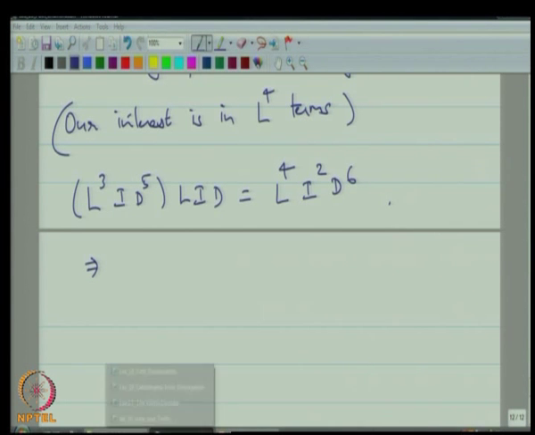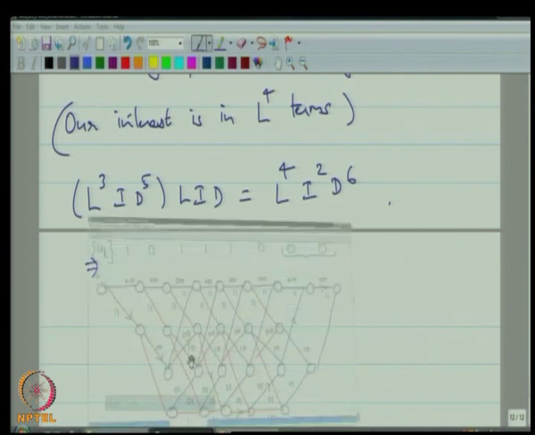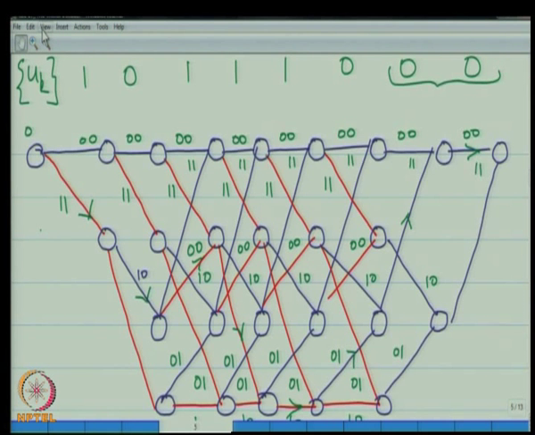So, perhaps the right thing to do here is to cut out that part of the trellis and reproduce it. So, let us see if I can do that.